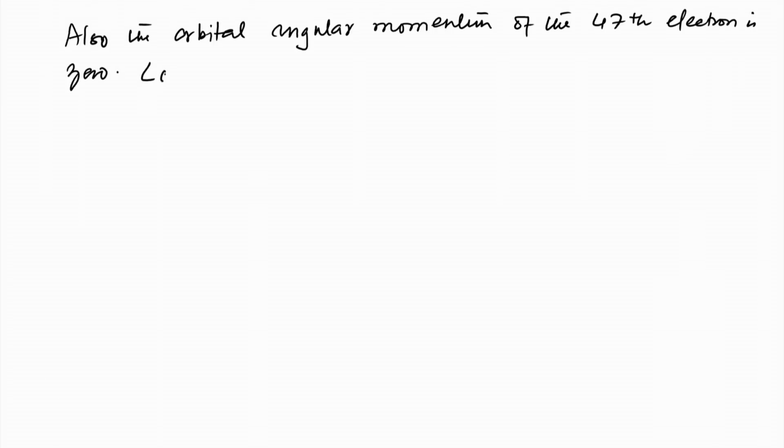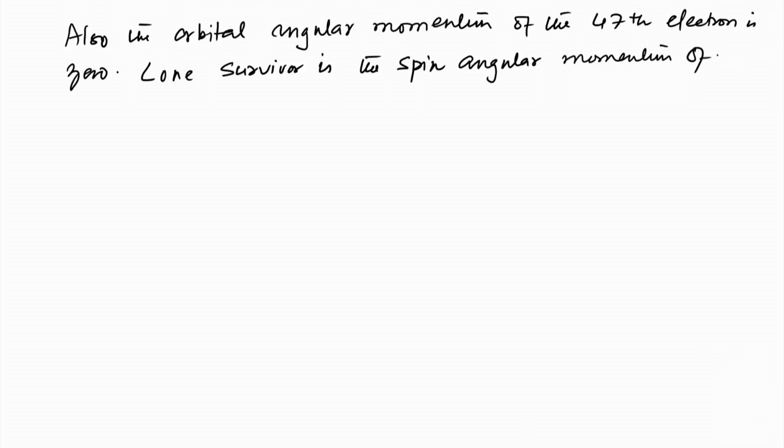So, the lone survivor is the spin angular momentum of the 47th electron. Thus, what should happen is that we should get a signature of the spin angular momentum of the 47th electron on the screen if we do this experiment.